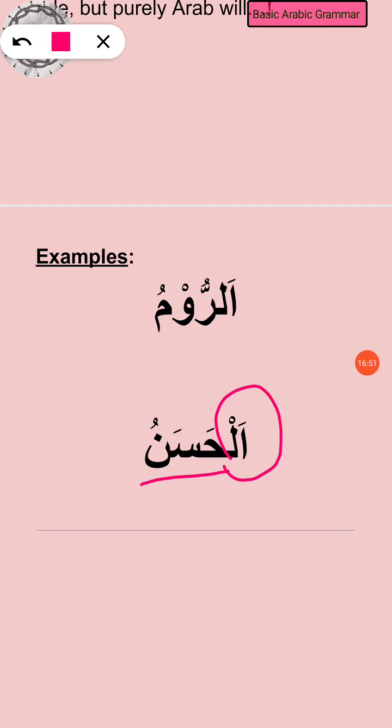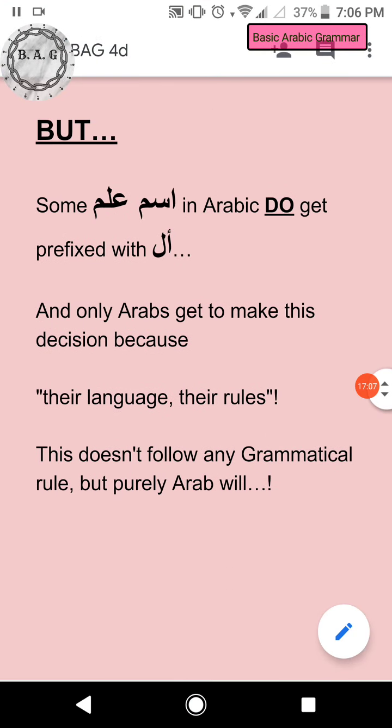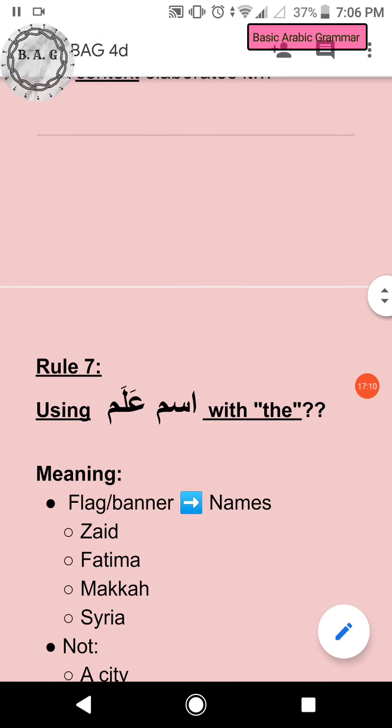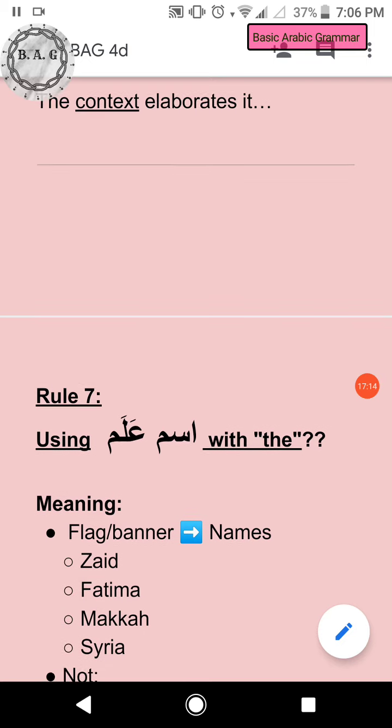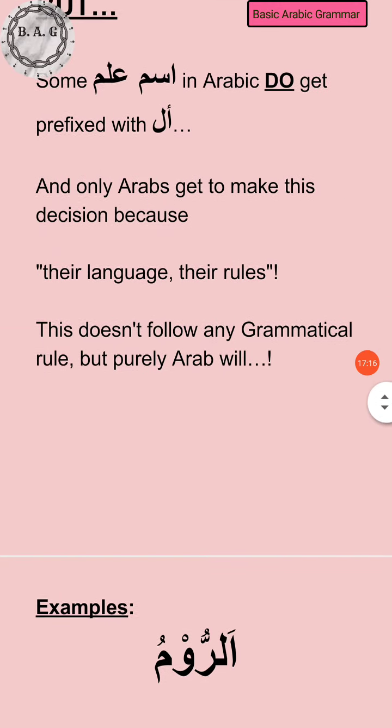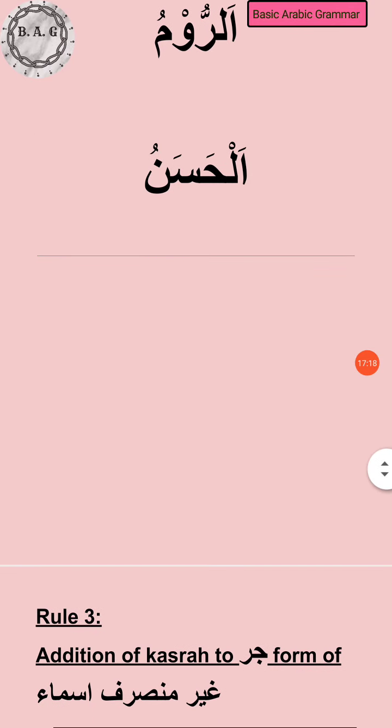So this ism Hasan gets prefixed with al, which means that it gets more of lam, and this is purely out of Arab will. So Rum and Al Hasan are the two examples of this point, that at times ism alam is usually not used with the, but at times it can be used, and that is totally up to the Arab predisposition.